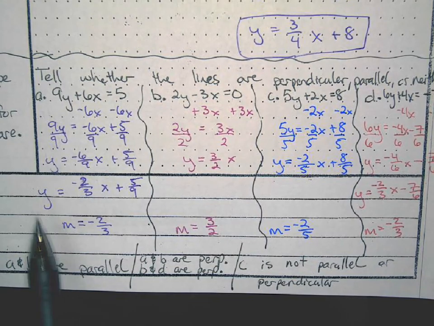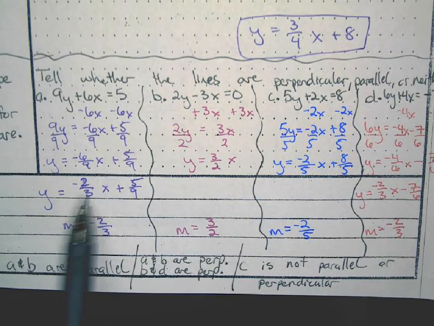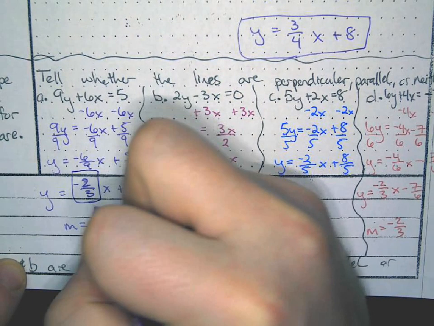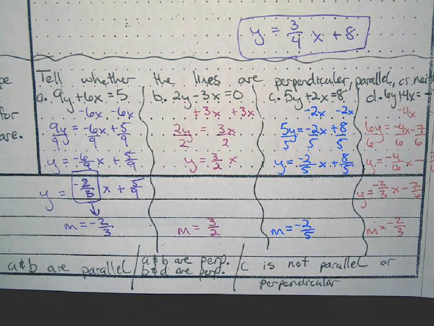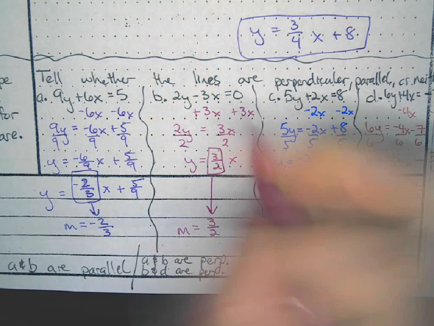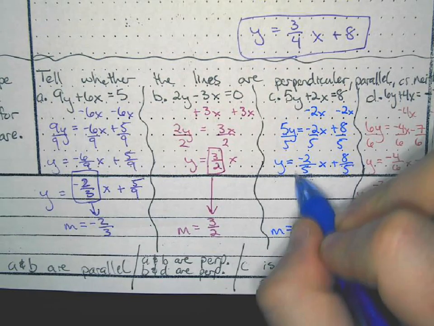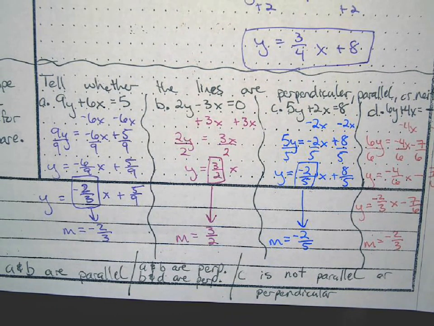And the key is to solving for y and then identifying the slope. That was the main thing we were doing. We were just trying to figure out that slope, and the only way we could do that is if we got y by itself. We're just looking for that number that comes in front of x, like so.